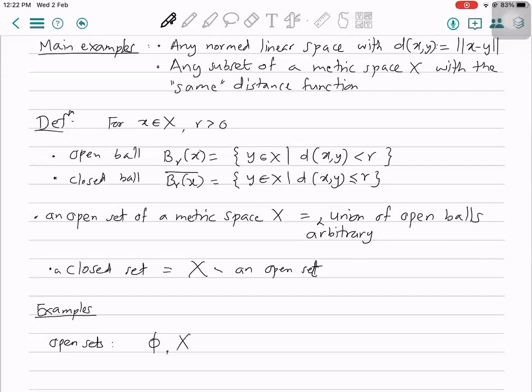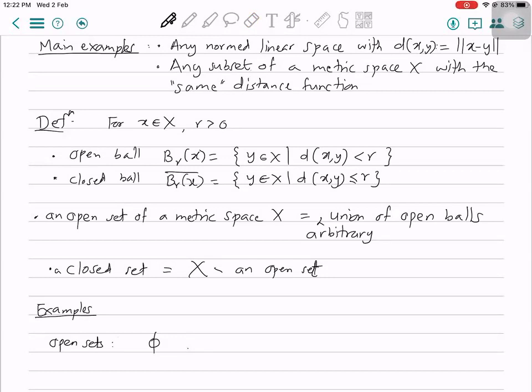Then, of course, X itself is an open set. What do I do? Come on, I mean, there is nothing to this. Okay, so maybe we can pick a center and take arbitrarily large open balls. The point is the union should be taken over every single point in the metric space.